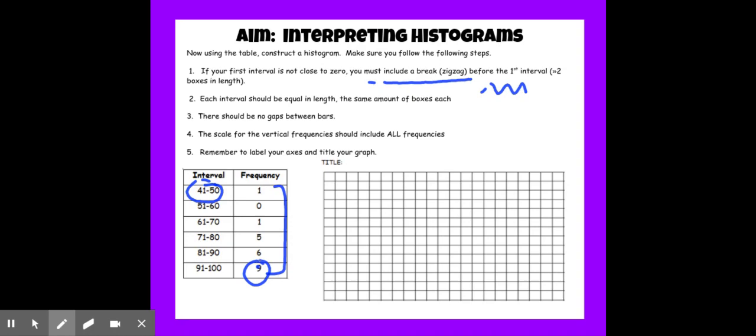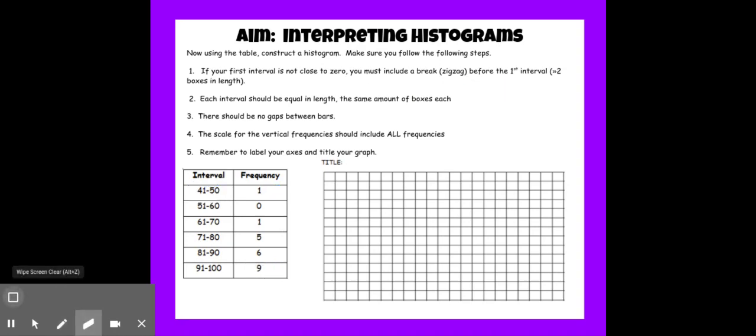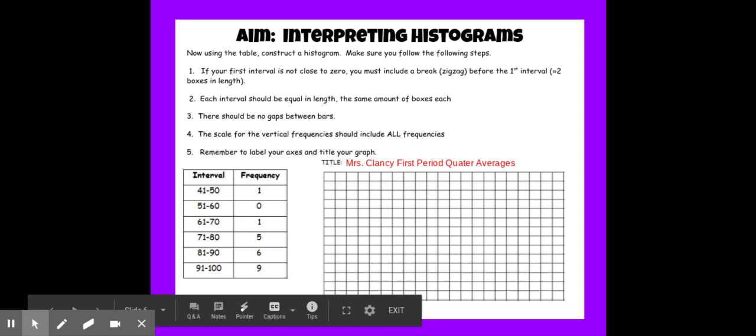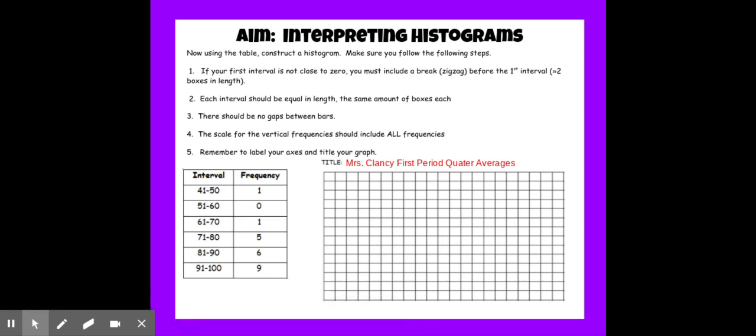Okay, so make sure you have this down and pause the video to get it. And now we're going to actually go through it. So first thing you're going to do is title the graph. It's going to say Mrs. Clancy's first period quarter, oops, that's spelled wrong, quarter averages.